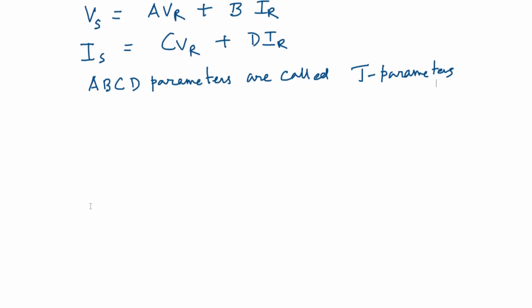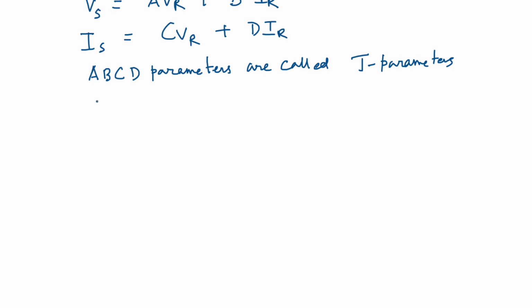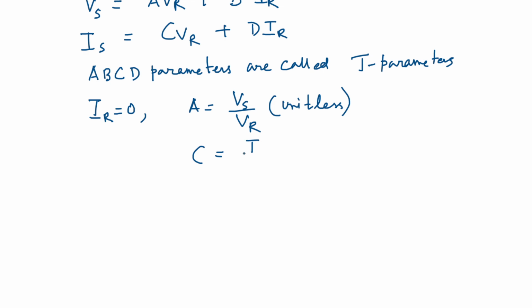How can they be defined? If you put IR equal to 0, then A can be defined as Vs by Vr. It is the ratio of two voltages, so it should be unitless. Moreover, with IR equal to 0, C is equal to Is by Vr. As it is the ratio of current to voltage, it has a unit of mho.